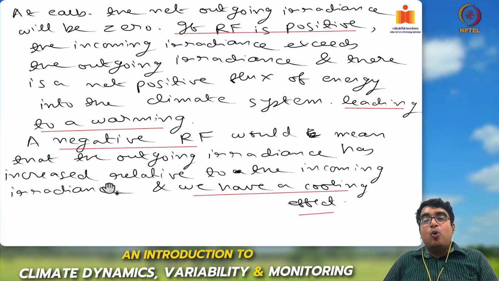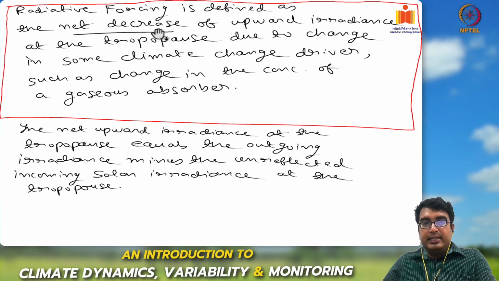If, however, the radiative forcing is positive, the incoming irradiance exceeds the outgoing irradiance. Remember, its definition is the decrease of the net outgoing irradiance.